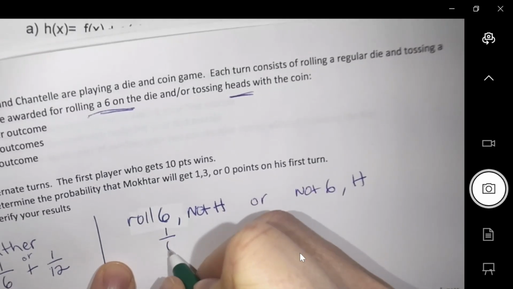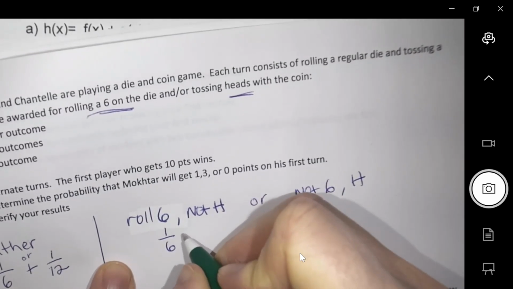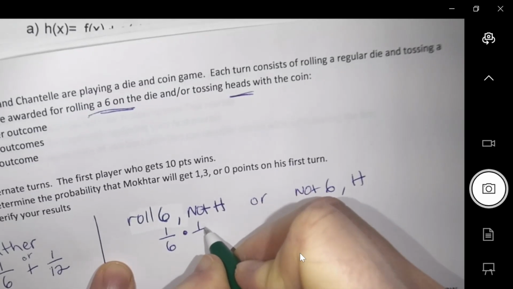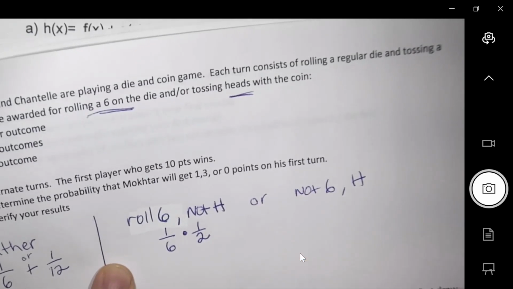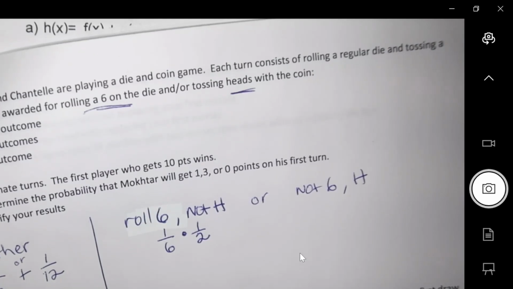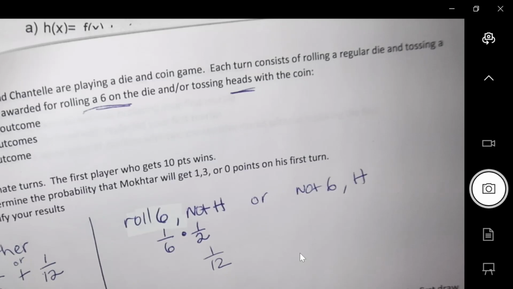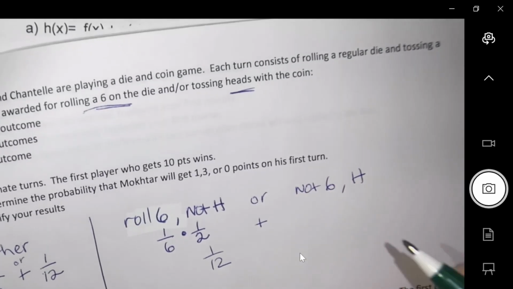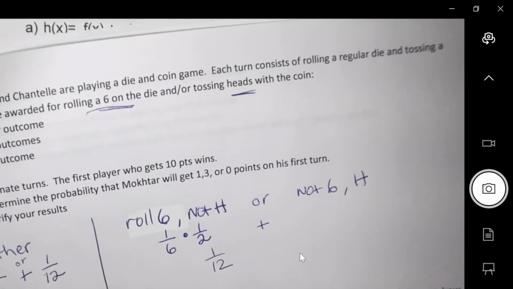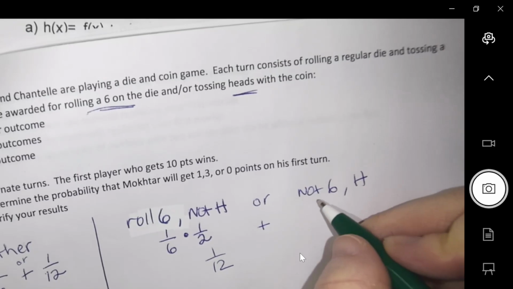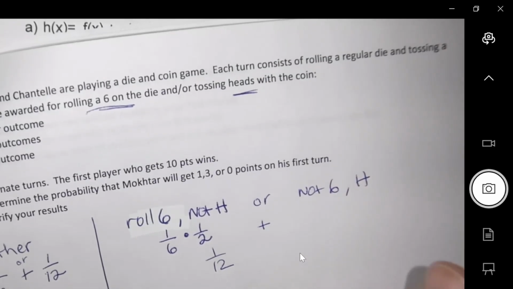So rolling a 6 and getting a head is 1/12. Or you could have not rolled a 6 and gotten a head.